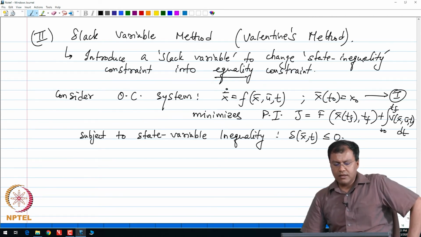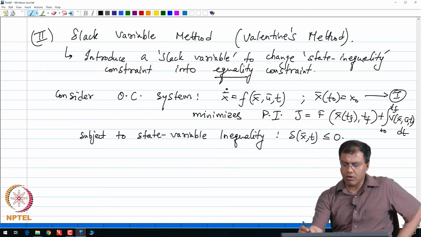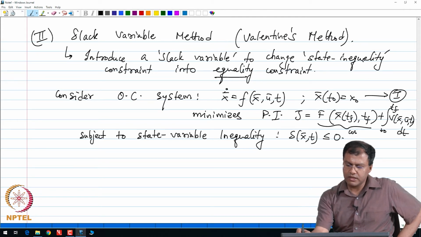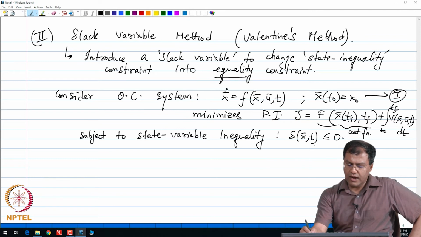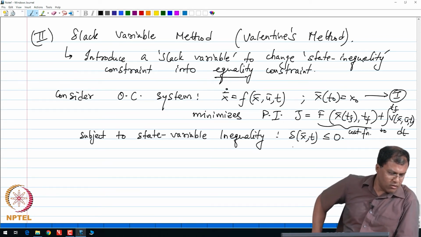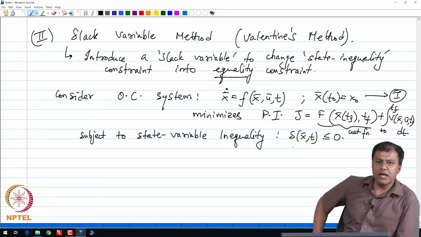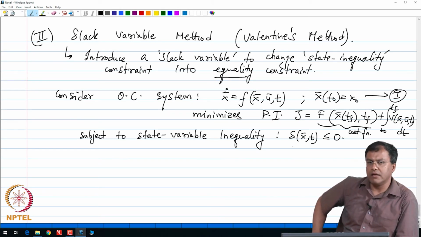I am now switching my notation where my cost function is denoted by F. So, this is my cost function in the Bolza problem that we discussed earlier, and my notation S is the state inequality constraint, right. Now I am going to change this inequality constraint into an equality constraint by introducing a new variable known as the slack variable.